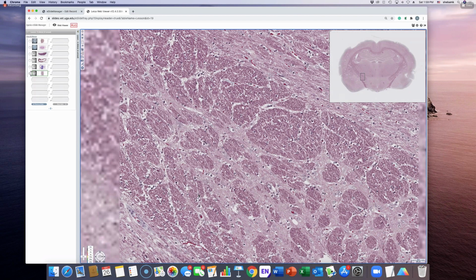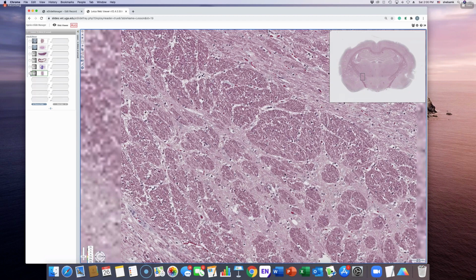In the peripheral nervous system, in the rest of the body, axons running together are nerves, like your radial nerve, your ulnar nerve, your median nerve. All those are bundles of axons running in the peripheral nervous system, so we call them peripheral nerves. But if there are axons running in the brain, we call them tracts.